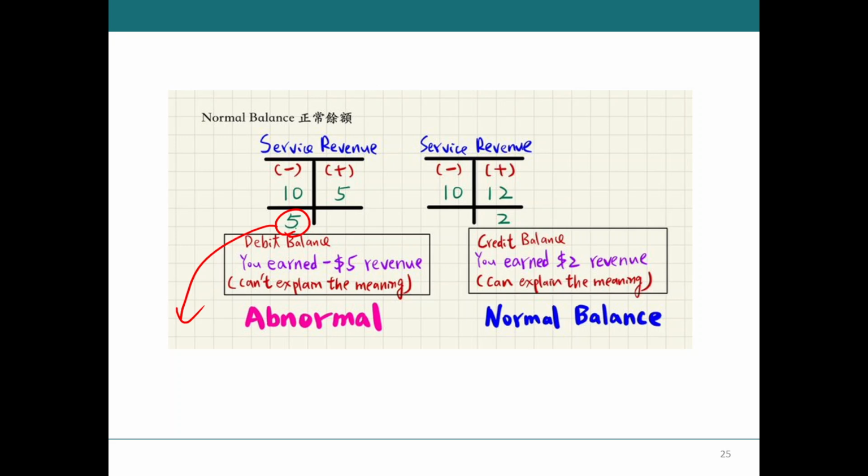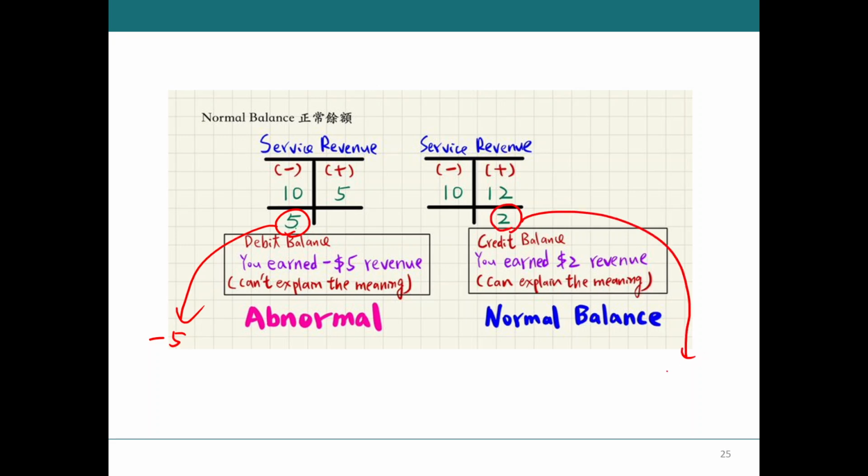Sarah, could you tell me about revenue? I find the final amount, $5, right here. Does it mean plus 5 or negative 5? Revenue on the debit side means revenue is plus or negative? Negative. Okay, so service revenue, final number negative 5.